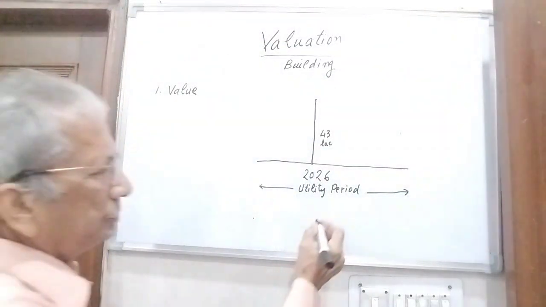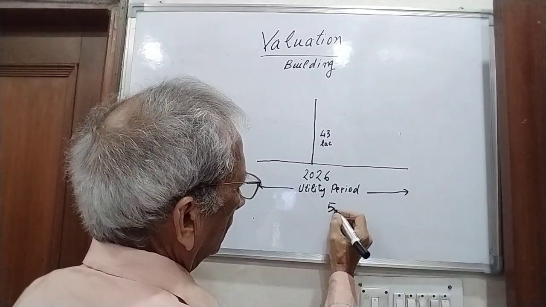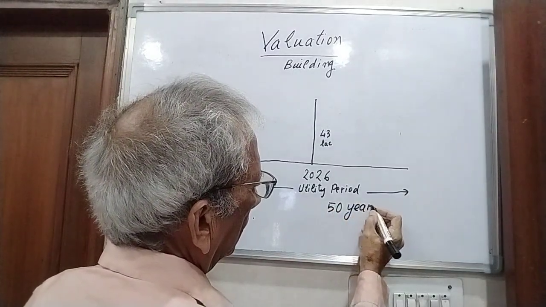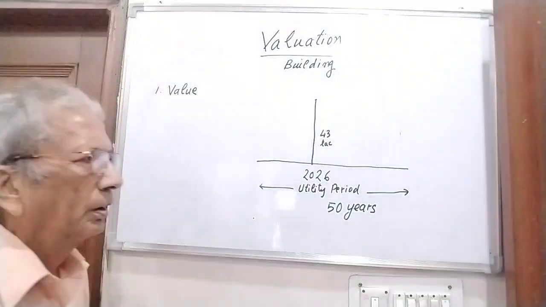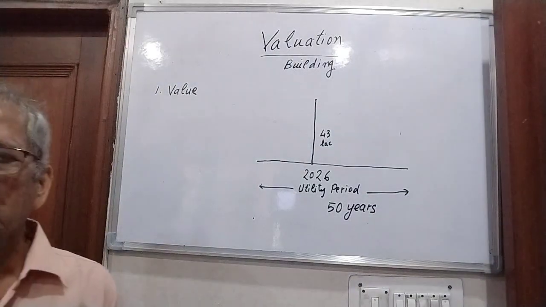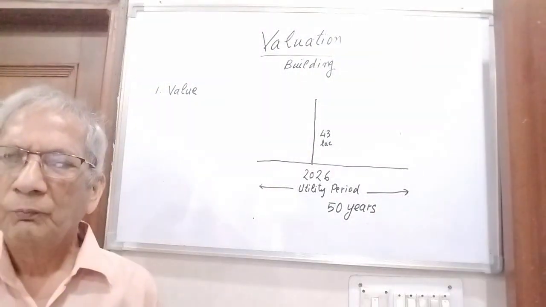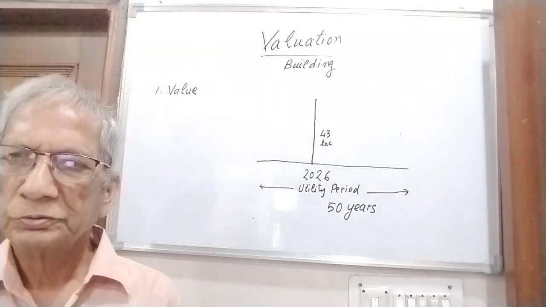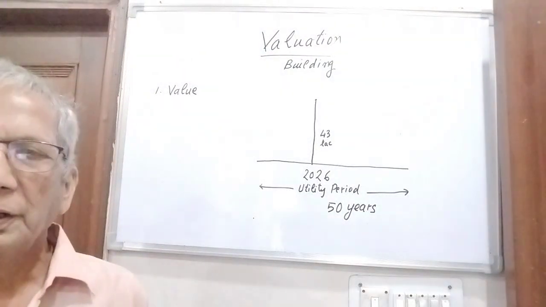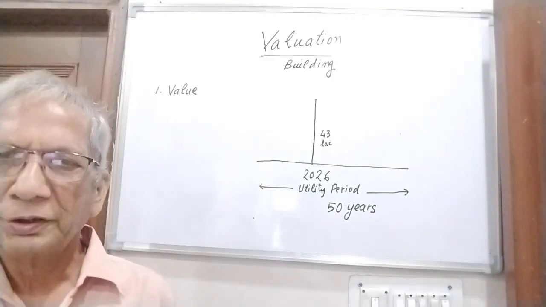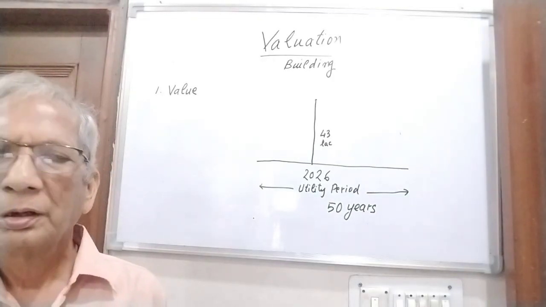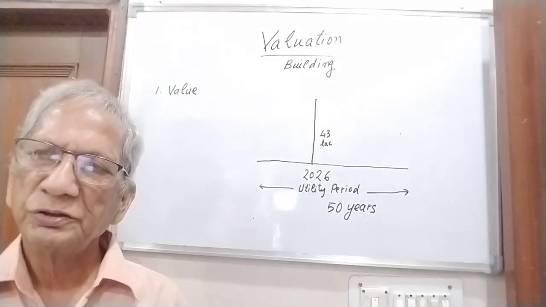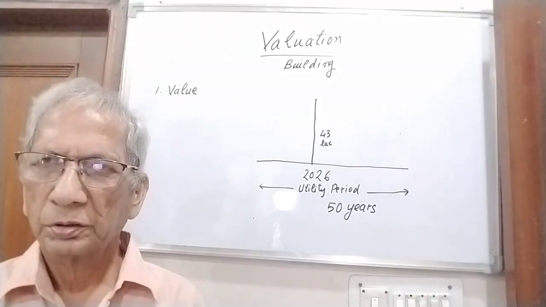Suppose it is 50 years. After 50 years, the value of the building will be very less because there is wear and tear in the building, there is maintenance of the building, and the building is outdated.